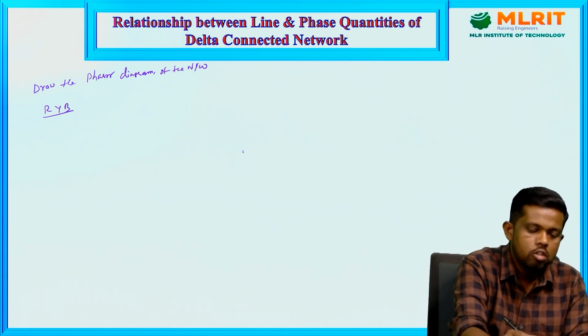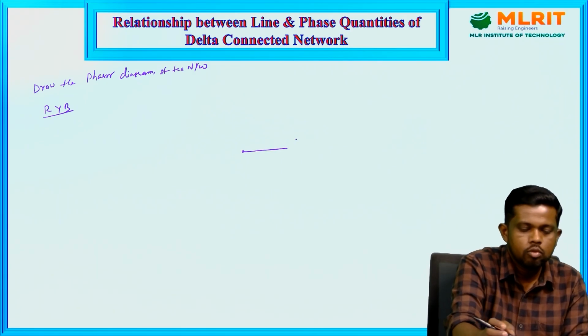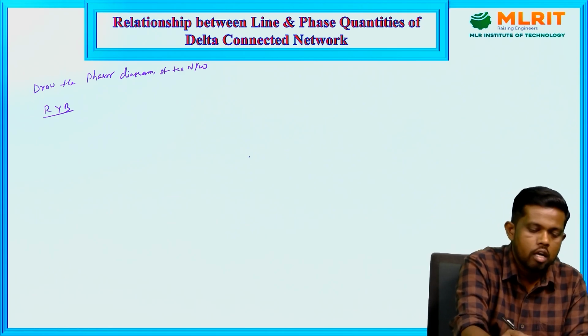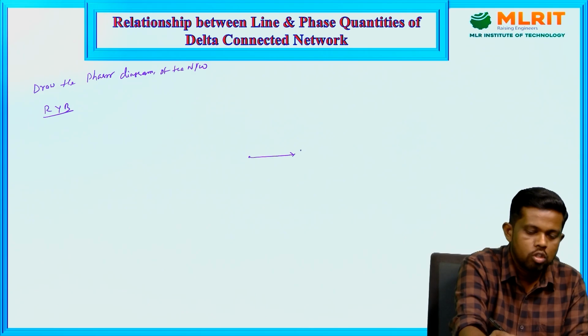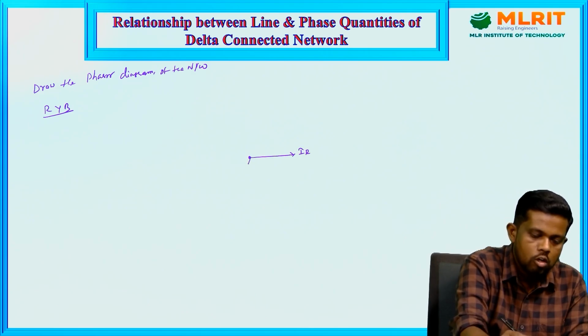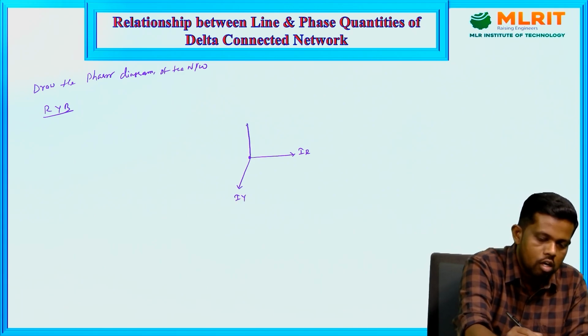So this is the IR current. We need to maintain equal magnitude for each and every phase. Now this is the IY current. Now this one is the IB current.